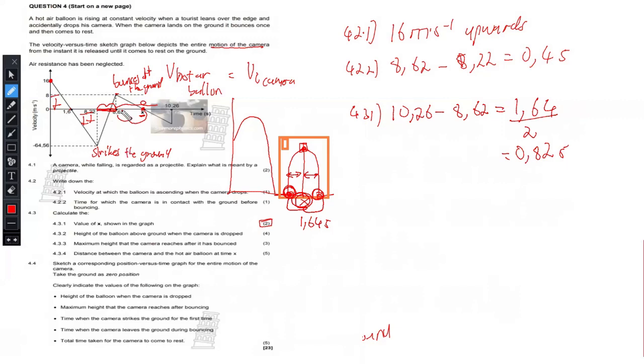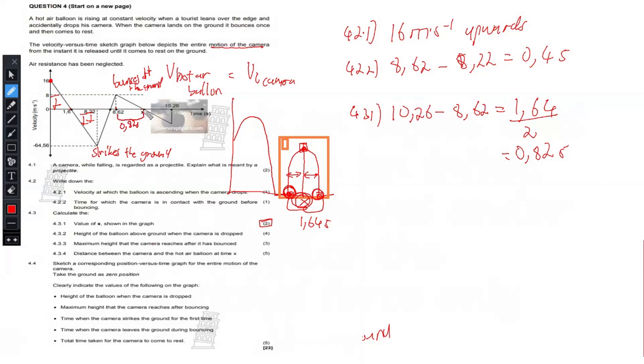But we're not going to write 0.82 seconds for X. Note that 0.82 seconds is only the time it takes from here to here. To indicate the value of X, because this is a progression of numbers, we can't have 0.82 here while we have 8.62.